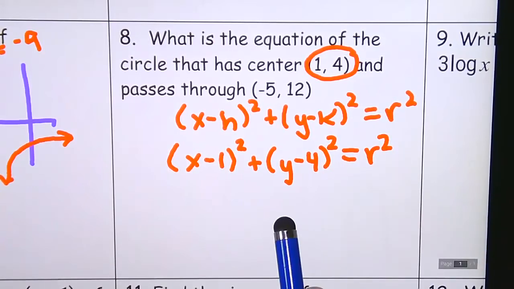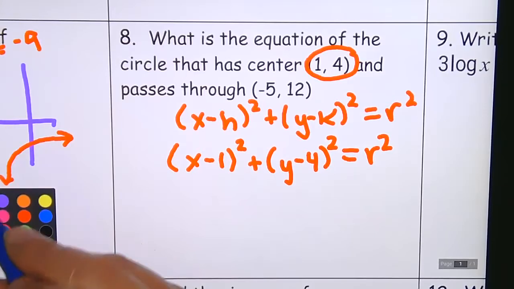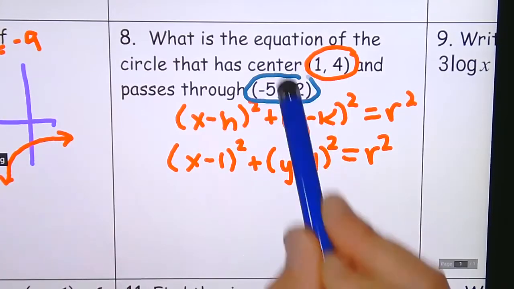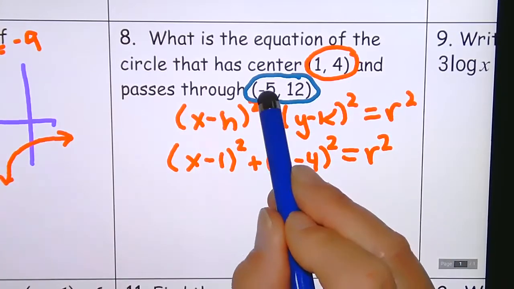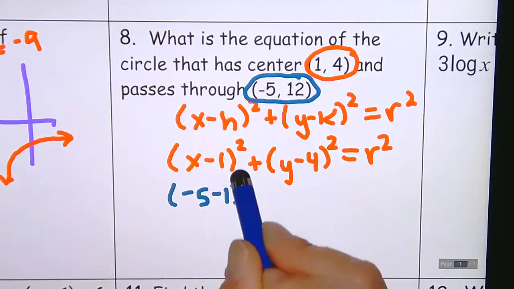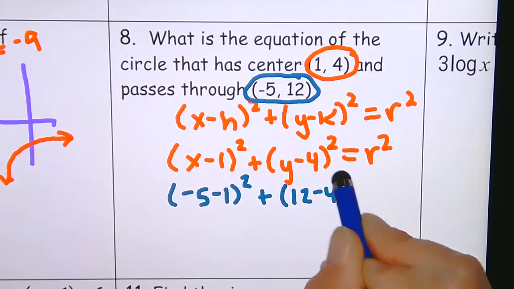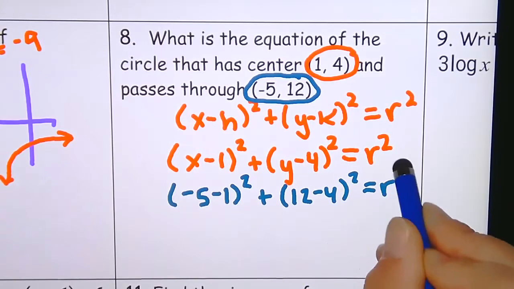I need to figure out my r squared. So I'm going to use this point, -5, 12, putting this in for my x and y. So I'm going to have -5 minus 1 squared plus 12 minus 4 squared equals r squared.